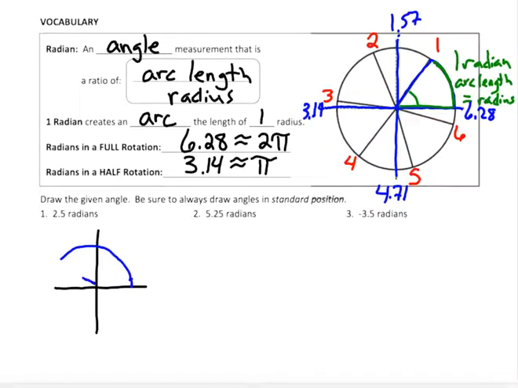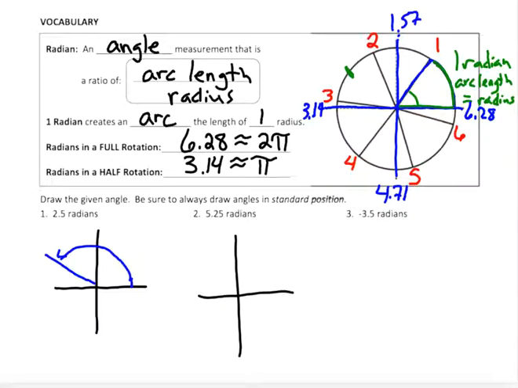I can draw my terminal side out from there. If I go back to my circle, I'm looking at halfway between 2 and 3. It's really close to the middle of that second quadrant, a little bit further than halfway through, just like my picture shows here.